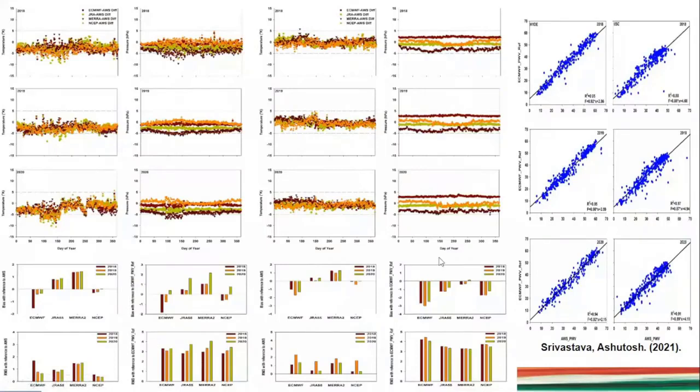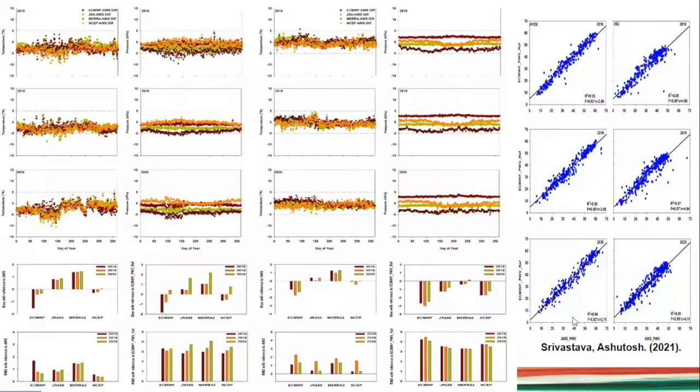But JRA, ECMWF, MERRA and NCEP are very much close. These analysis data sets are also compared with the AWS data.